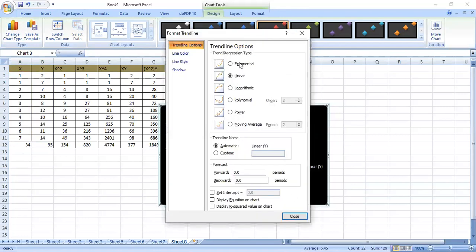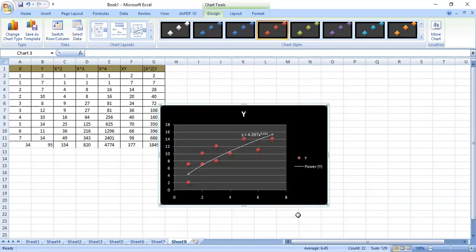Now we have the exponential button, we have the power button. Let us try to check what comes out of it. If I select the power button and use it, then this is the curve that will be obtained for the given set of data. So for the given set of data, you can also use the exponential curve and the power curve.